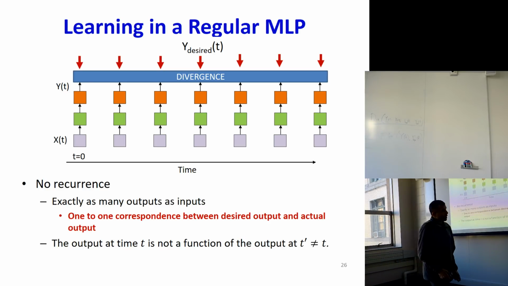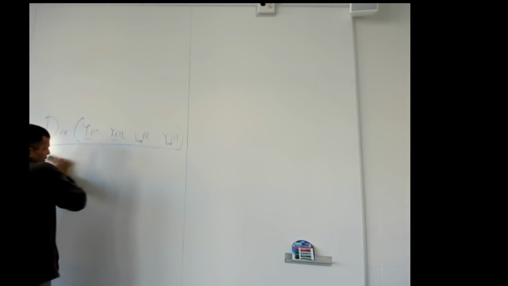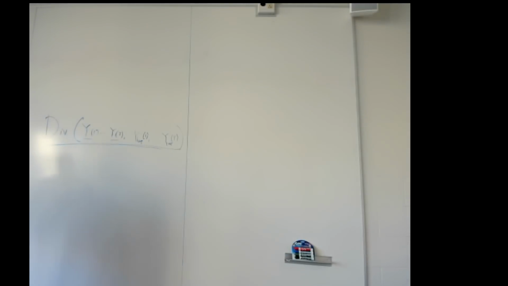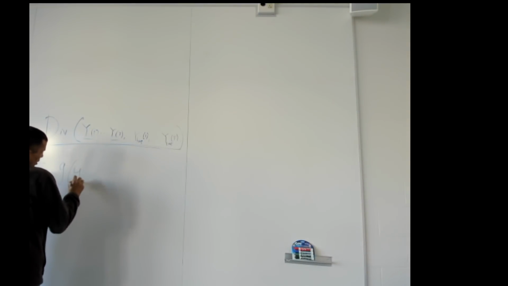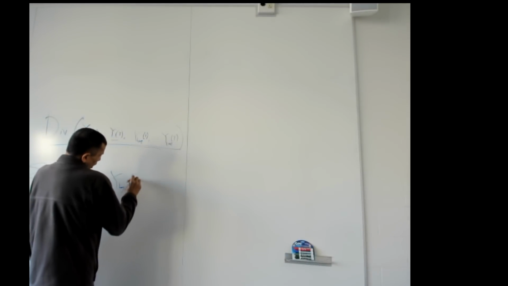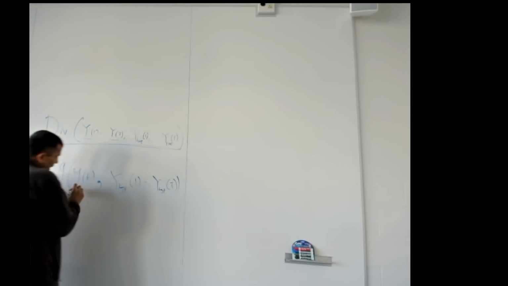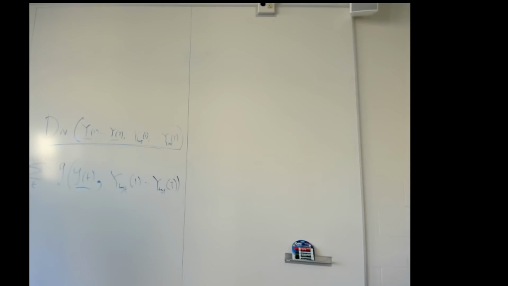For example, I could write the divergence as something like this, which is just a generic function: at each t, some function g of y(t), comma y target(1) through y target(T). So this is just that each time my output is somehow being combined with the entire target sequence to give you a value which quantifies some kind of error.